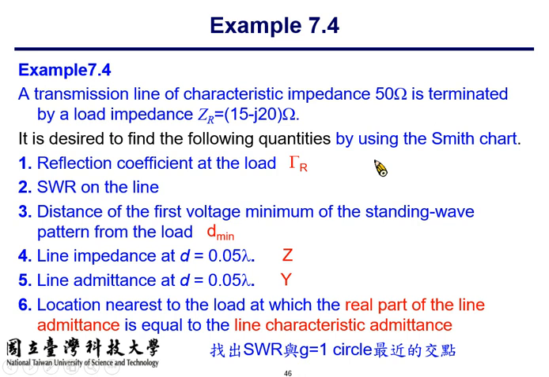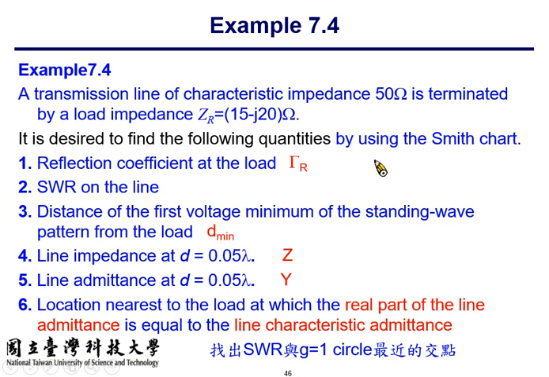Those circles and curves are the real and imaginary parts of the impedance. And the position on the Smith chart represents the magnitude and the phase of the reflection coefficient.